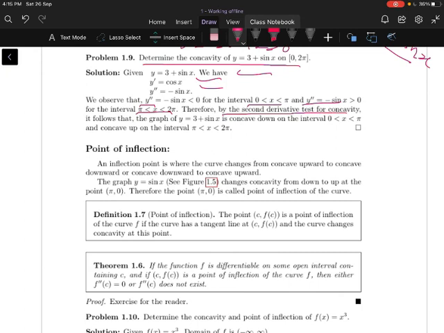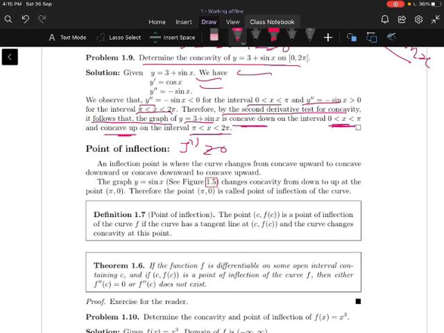Therefore, by the second derivative test for concavity, it follows that y is equal to 3 plus sin x is concave down for the interval 0 to pi because y double dash of x is negative for the interval 0 to pi, and the curve y is equal to 3 plus sin x is concave up on the interval pi to 2 pi since y double dash of x is positive.